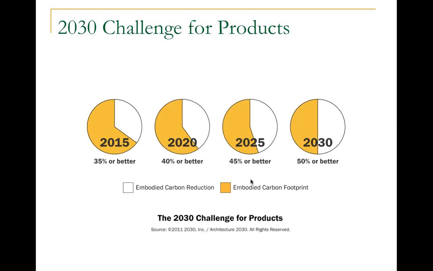This is the same goal by 2030, to get to 50% of the embodied carbon footprint. Today it would be, by 2015, 35% or better. So how is this achieved? The way to achieve this is to understand the carbon footprint of a material, and that is achieved through an EPD. An EPD will show the quantity of carbon in a product based on its embodied footprint, and Lina will go over it, expressed as global warming potential.